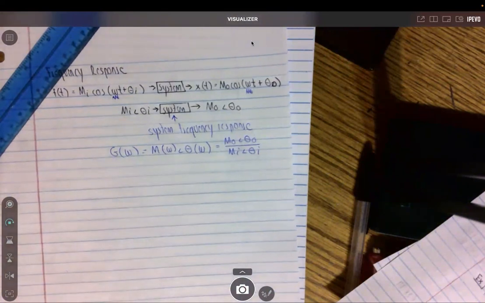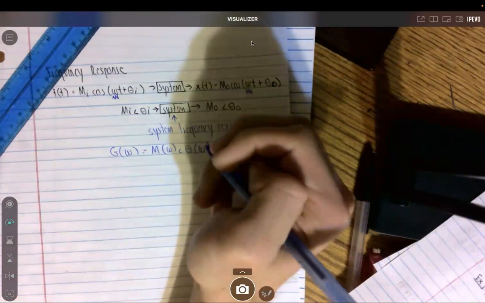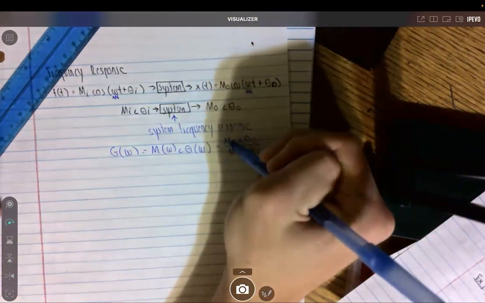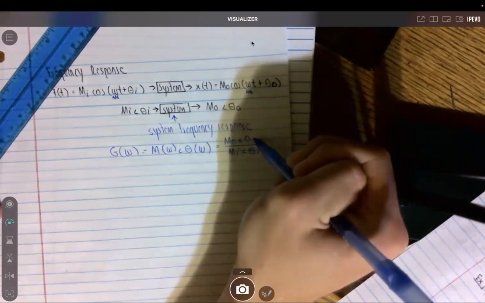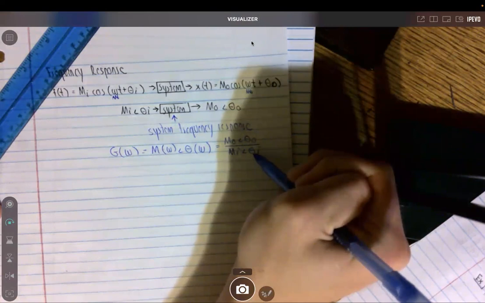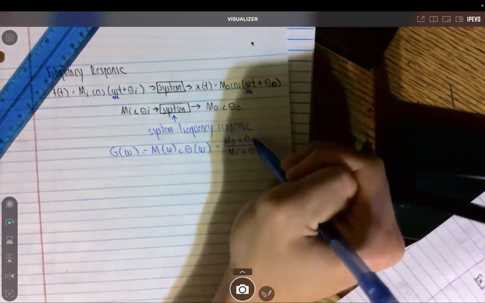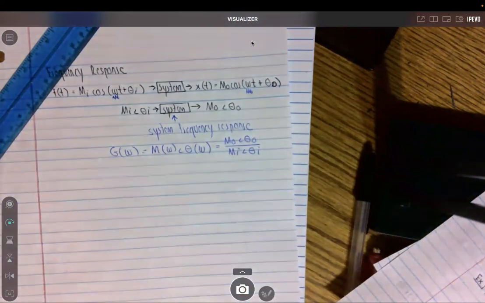And so what you're going to see here, the magnitude frequency response, when you just calculate the magnitude of this response, it's just M_O over M_I. When you calculate the phase frequency response, it's just the phase of the output minus the phase of the input. Because remember, for the phases, you subtract them when you see it in the division here.